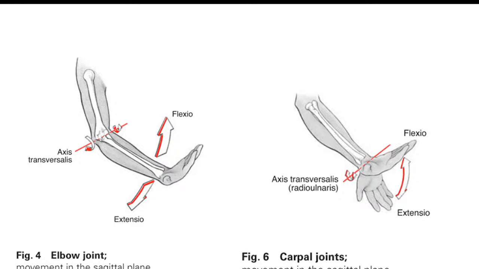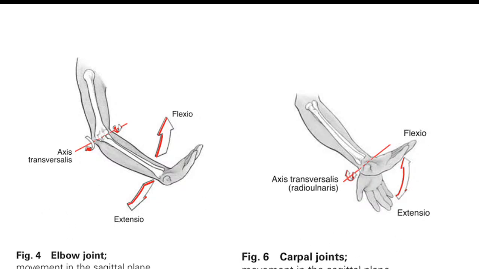Note, for example, movement in the sagittal plane, elbow joint. This is flexion, this is extension. This is axis transversalis, flexion and extension, flexio, extensio.